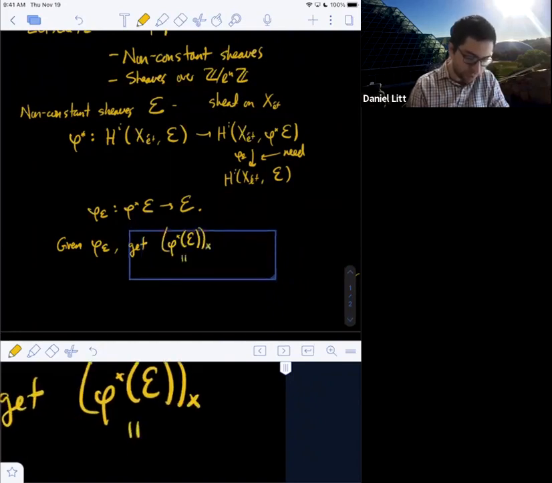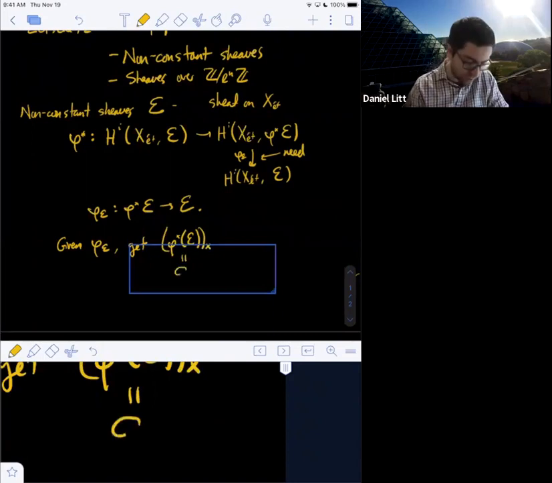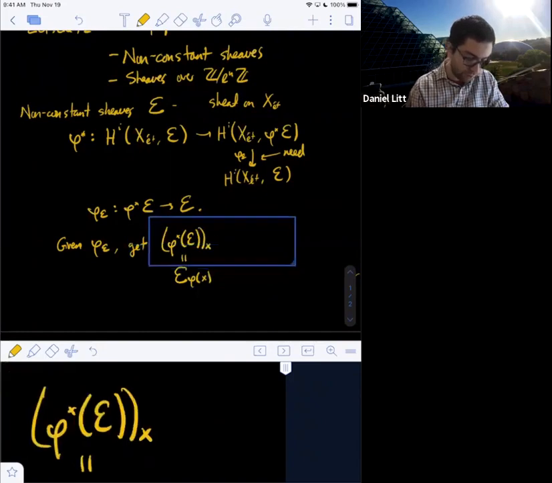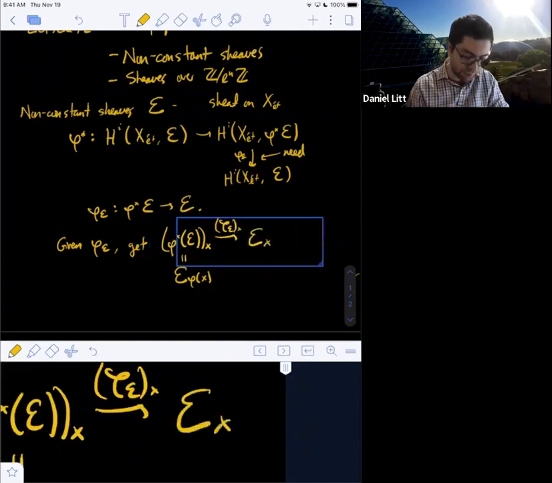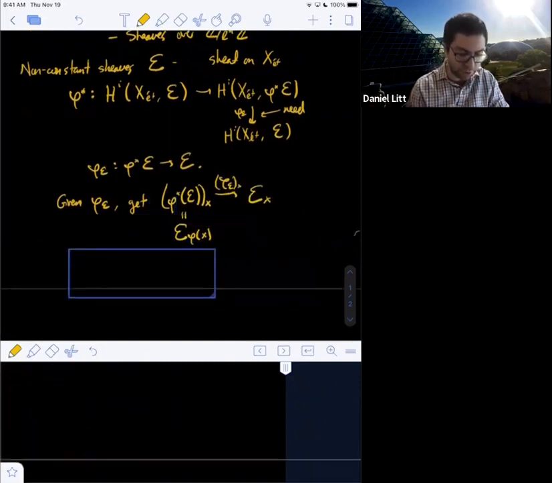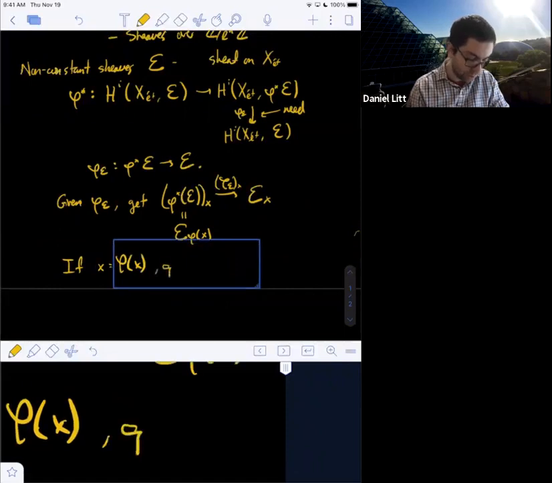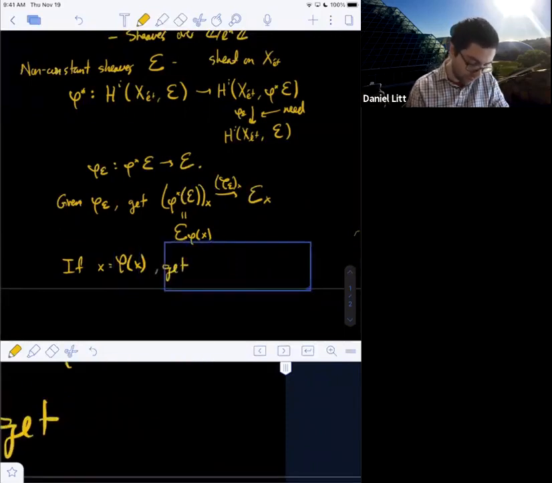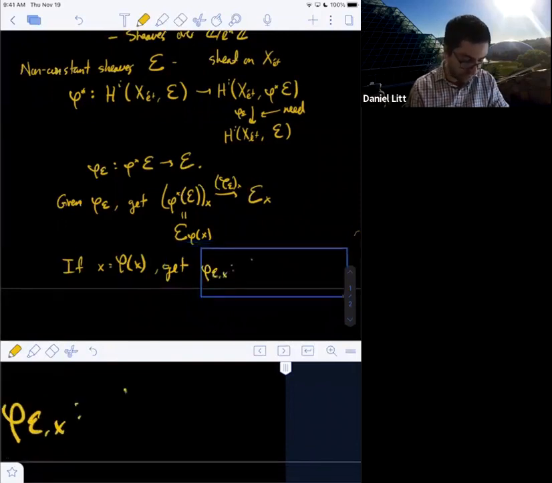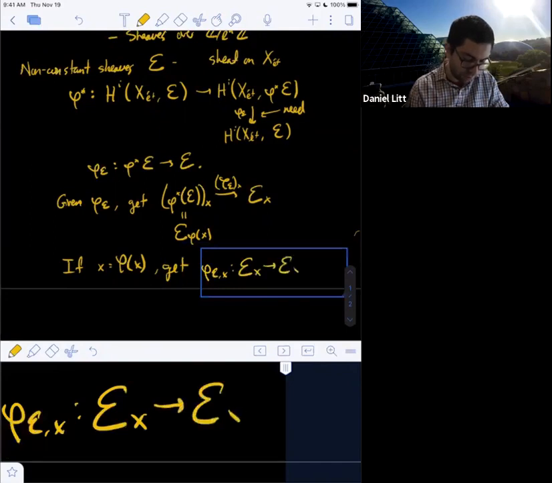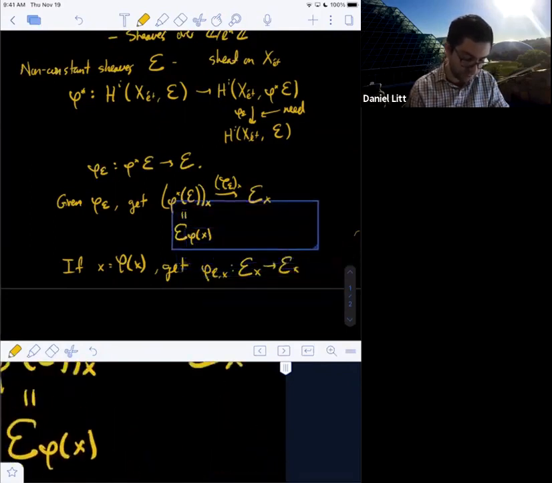In general, if you take the stalk of a pullback, that's just equal to the stalk of E at phi of x, and phi_E at x gives us a map to the stalk of E at x. So in general, we get something like this. In particular, if x equals phi of x, so if we have an honest fixed point, we get a map, which I'll call phi_E,x from E_x to itself, which is just this composition.